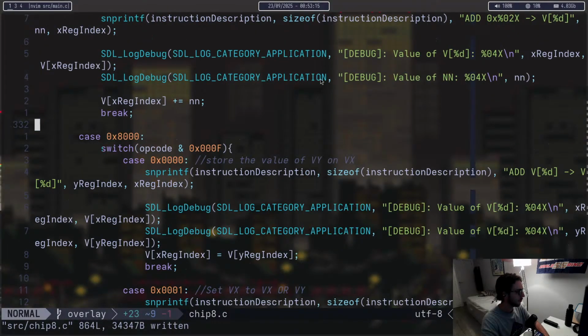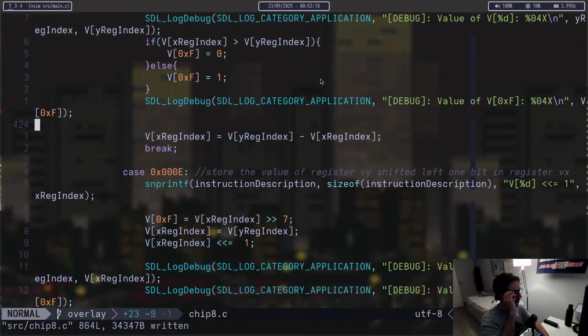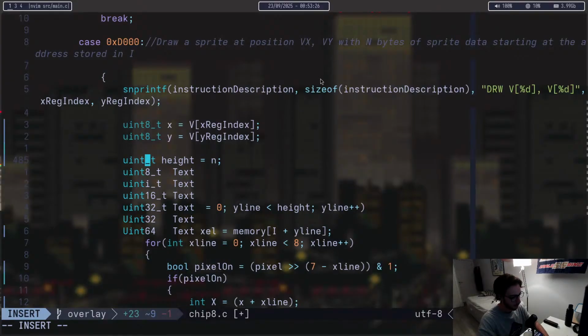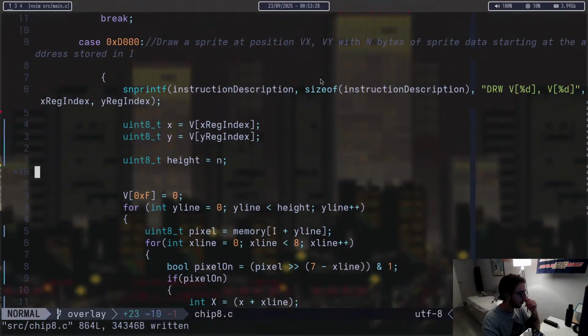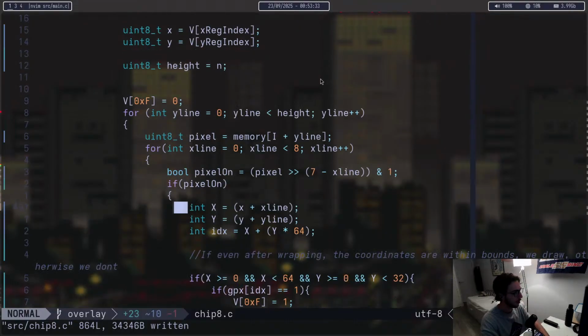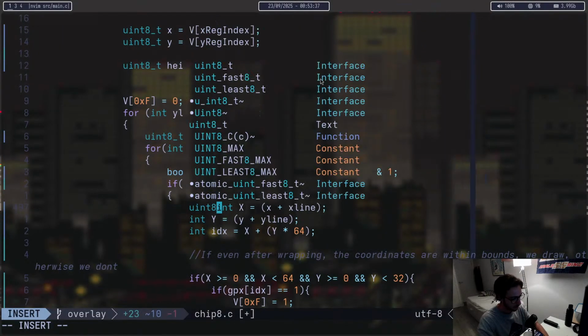Okay. This is also going to be like this, but I don't think this should even matter at all. Maybe this should be doing 8 as well.